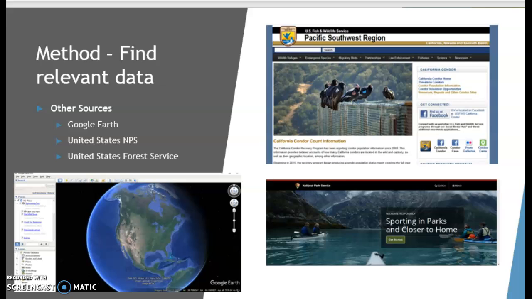I also utilized Google Earth to get pictures of the study area, which have their own pluses. I also went on a number of websites to get the data sets themselves. The United States National Park Service and the Forest Service have a great variety of data, and it's easily accessible. So those are really awesome websites.